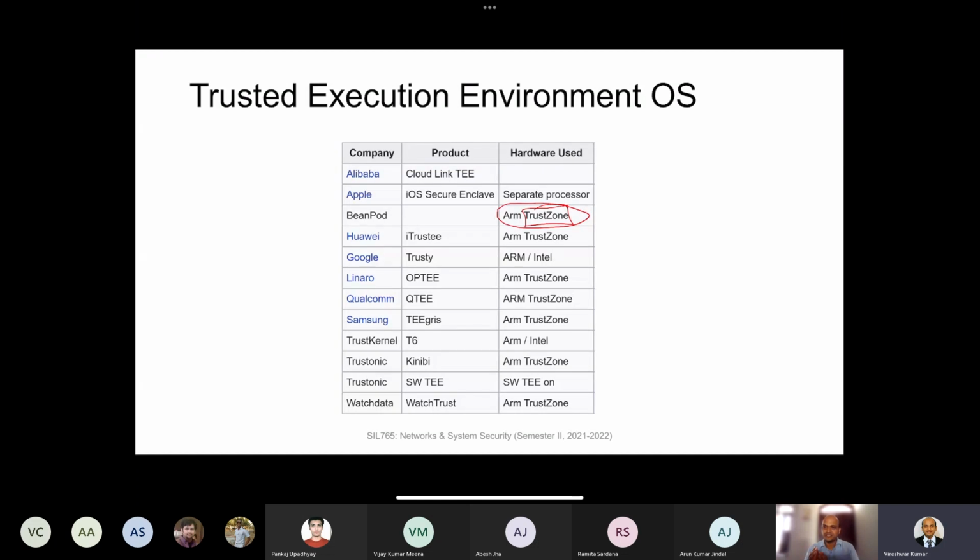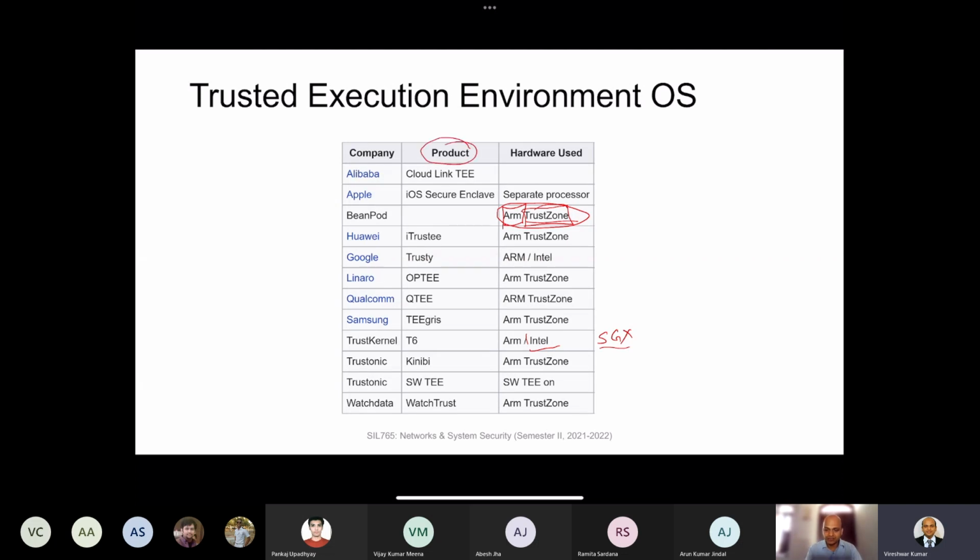So support for the trusted OS has to be in the hardware, and ARM is the one which develops that hardware, which is called TrustZone. Intel has an environment called SGX, Software Guard Extensions. So these are hardware facilities which could be utilized by the trusted OS.